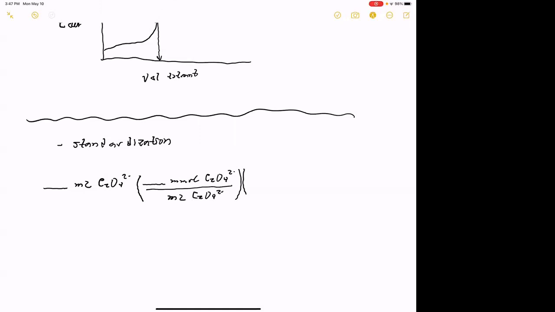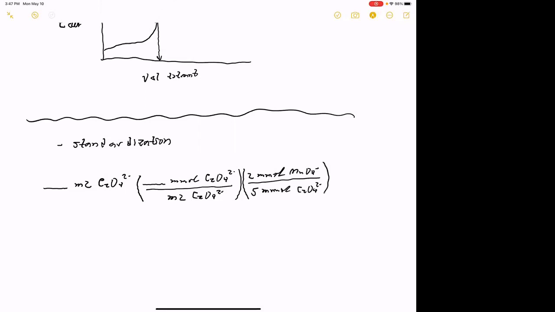So I've got millimoles of the oxalate. I want to get to millimoles of the permanganate, but I know that mole ratio, right? For every 2 millimoles of the MnO4-, the balanced equation tells me I'm going to use 5 millimoles of the C2O4 2-.